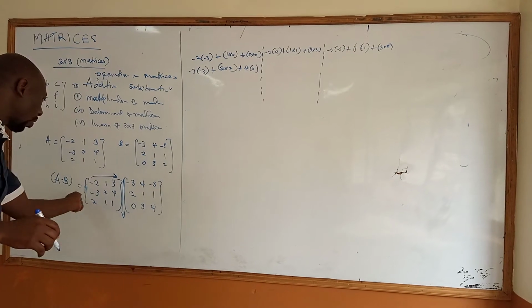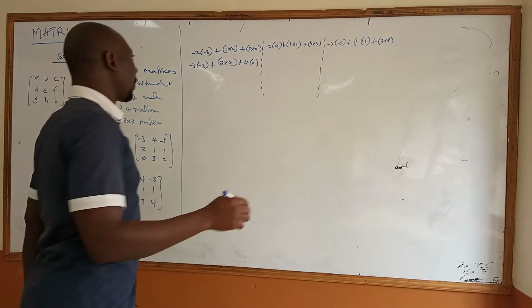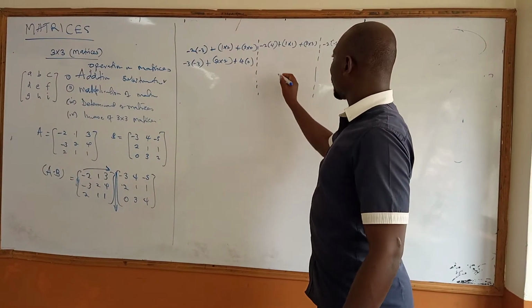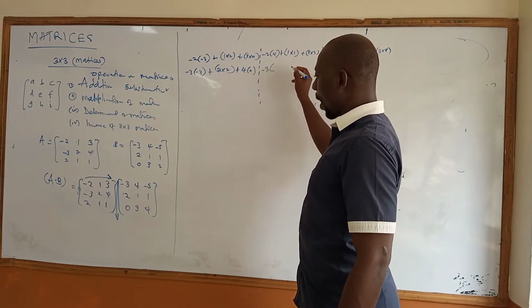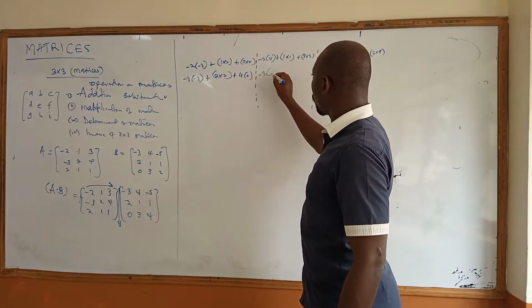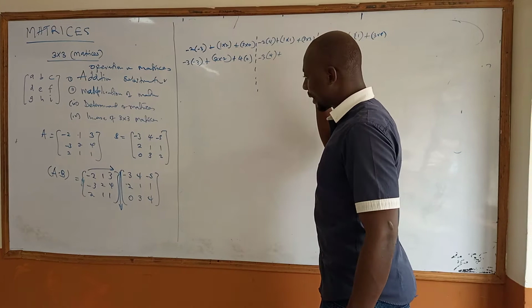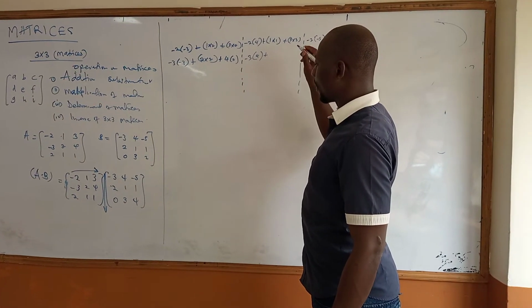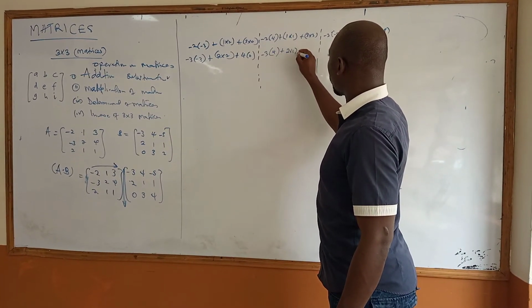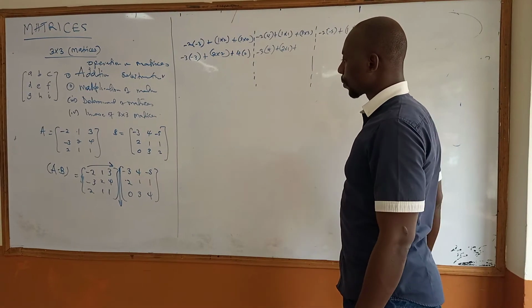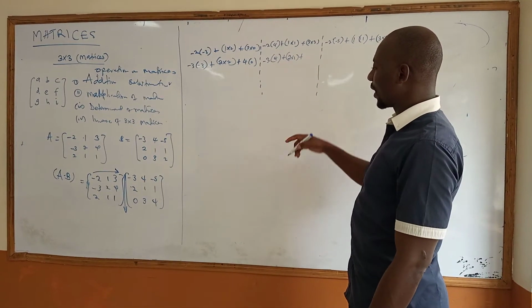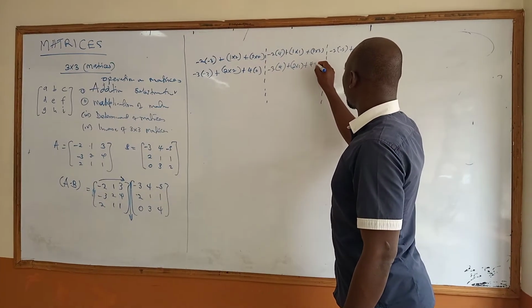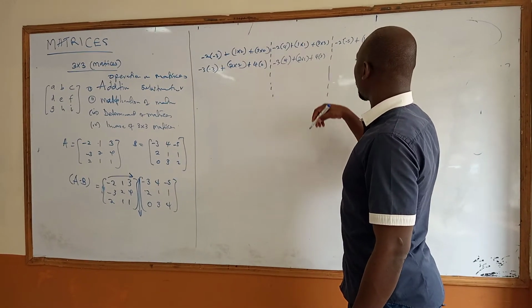Then you get the second row by the second column. That is negative 3 multiplied by 4 plus 2 multiplied by 1 plus 4 multiplied by 3, in that format.